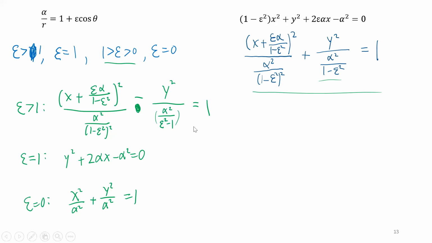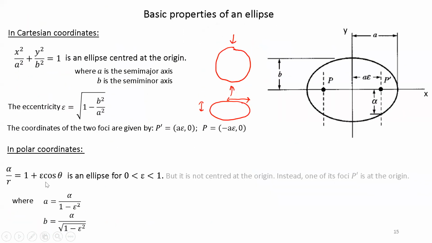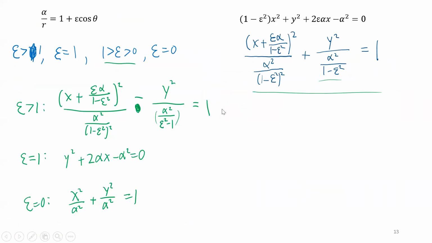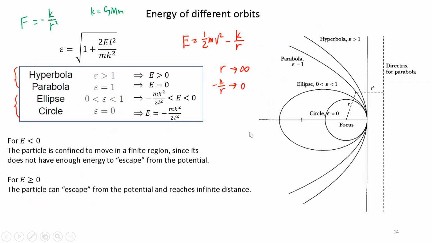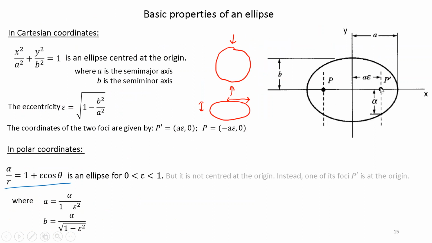Because if I convert this equation to Cartesian coordinates, it's this one. So this is not an ellipse centered at 0, 0. Instead, it is an ellipse centered at this point. And this point is exactly one of the foci, right over here.